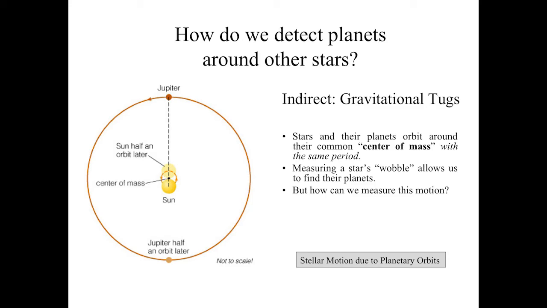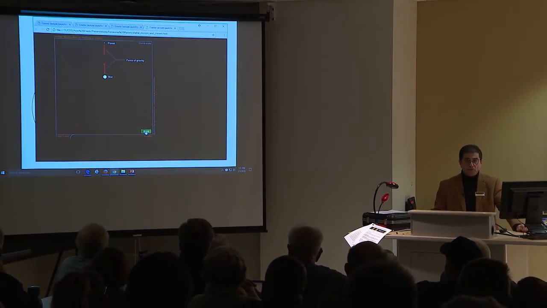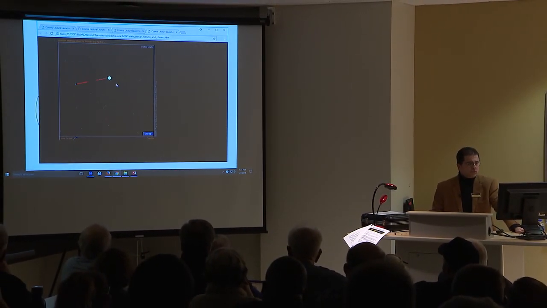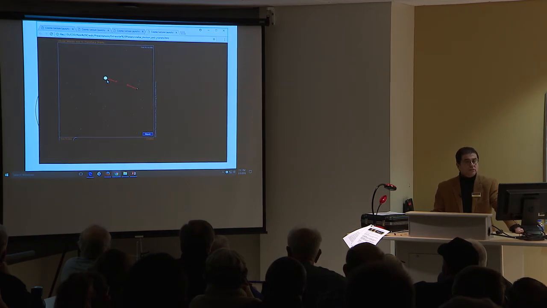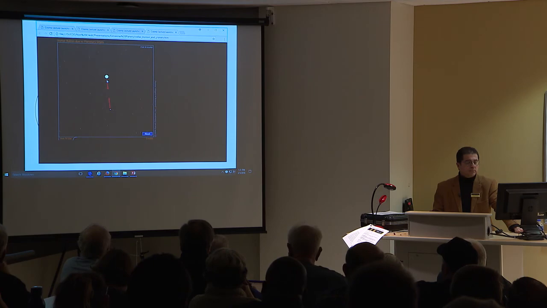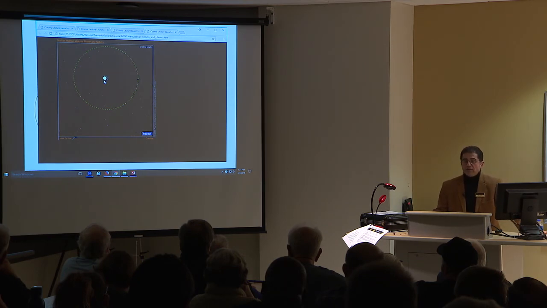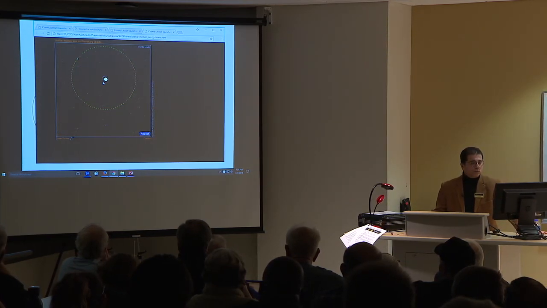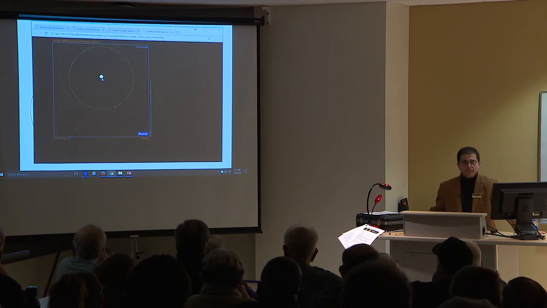Technically, we describe that by saying, well, it's the center of mass. So here we have a star and a planet, and as the planet is moving around the star, notice if you look carefully that the star has a slight motion. And this is due to the fact that the planet has a certain amount of mass. And so what we really have going on here is they both orbit around what we call the center of the mass.